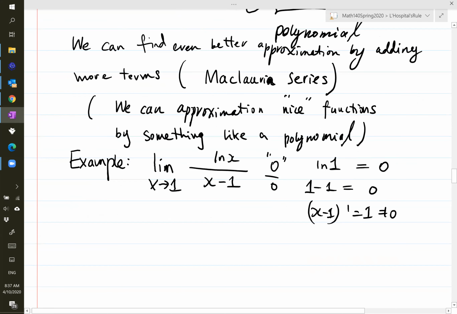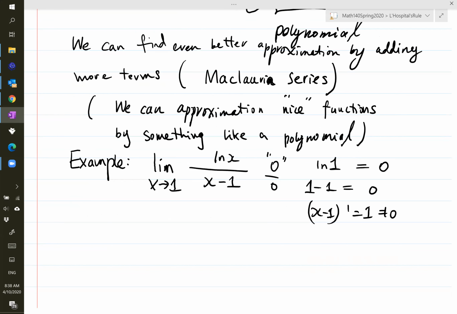In theory, we need to check the derivative is non-zero, but in this course we don't have such bizarre examples. As long as you get 0 over 0 or infinity over infinity, in practice you can just directly apply L'Hopital's rule.